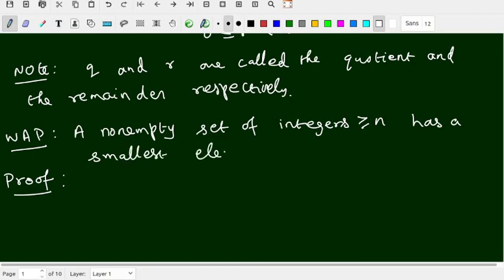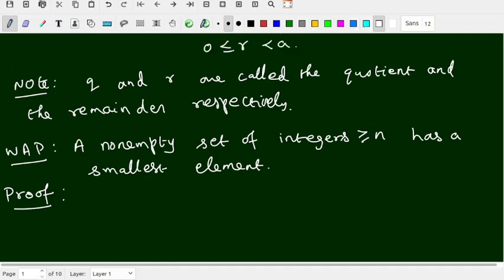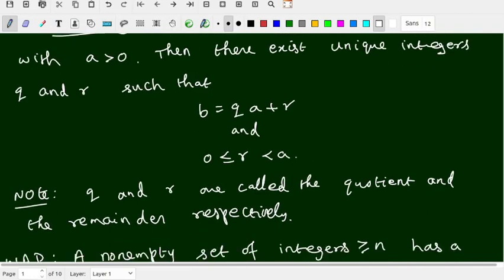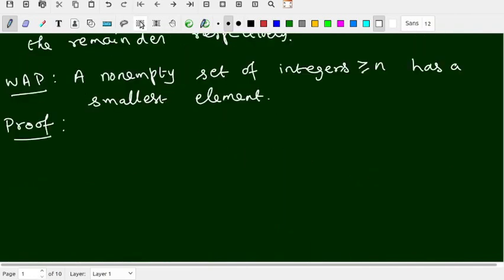We are going to use the well ordering principle to prove that q and r exist. So we construct the set S, and then we will apply the well ordering principle on the set S.